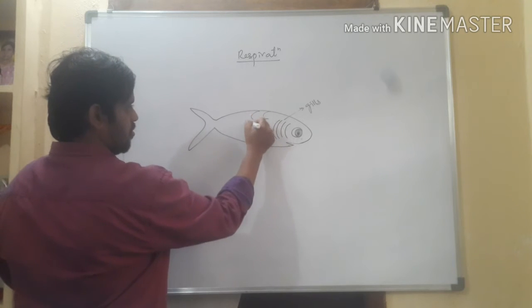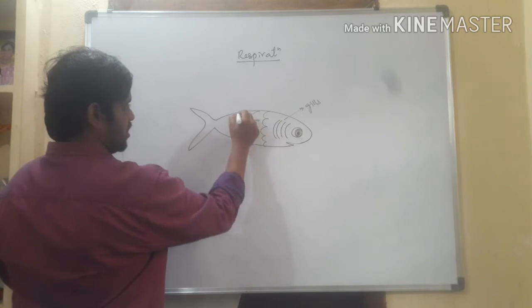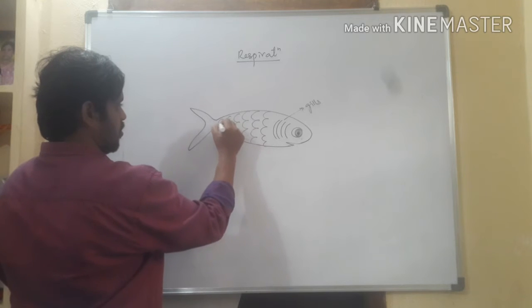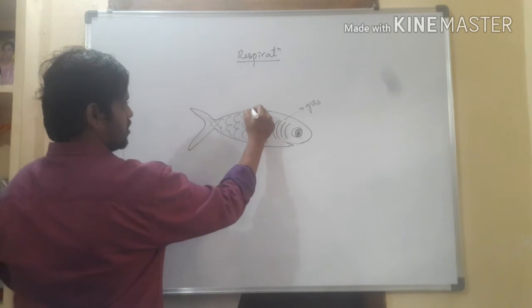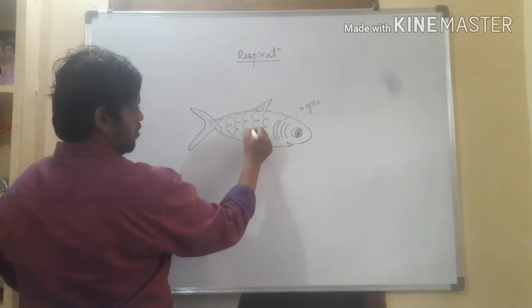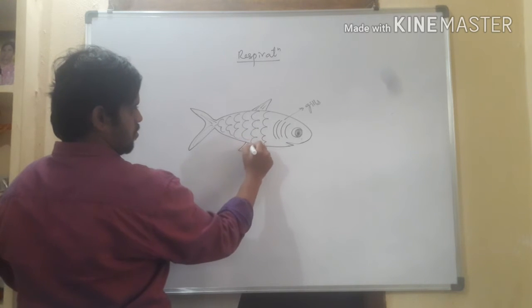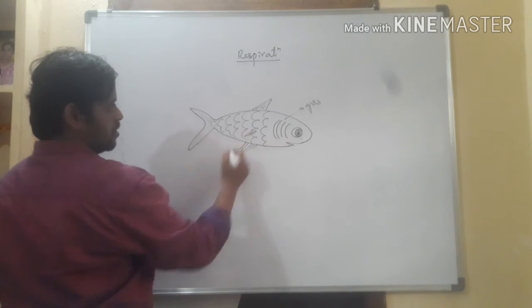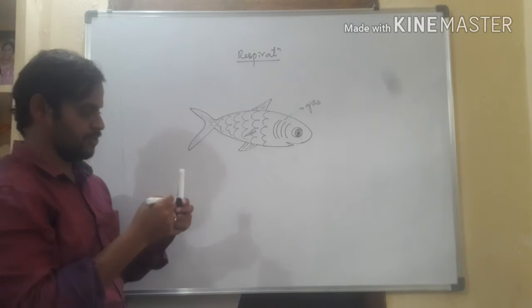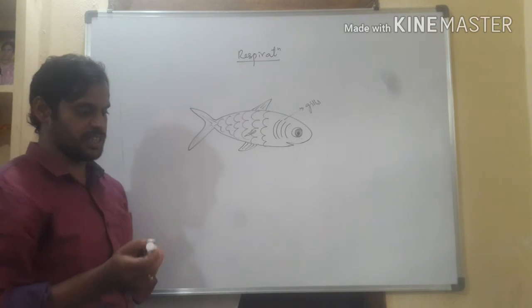These are scales on the fish body. These are fins. Right? So this is the fish. Now let us see how fish respire.